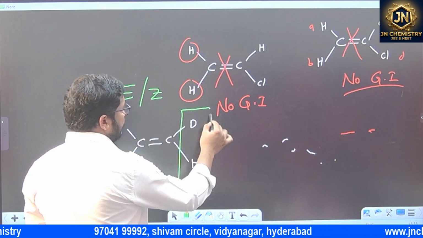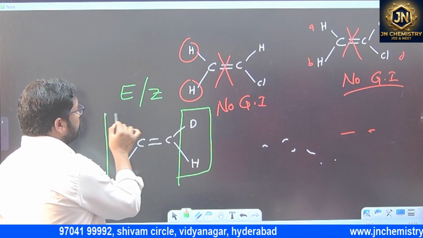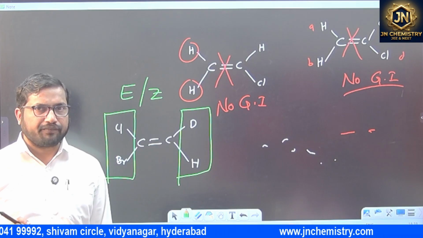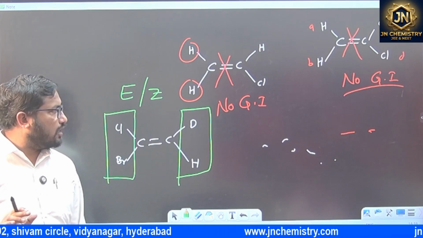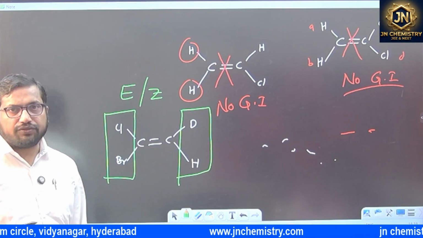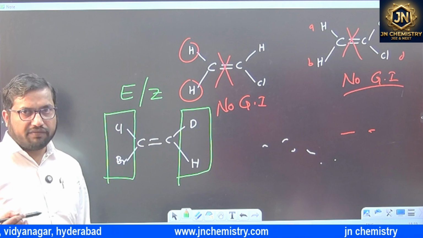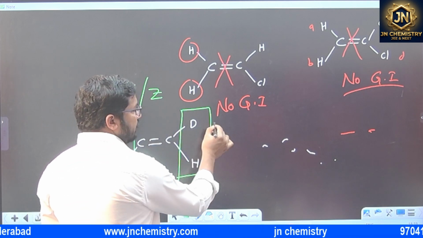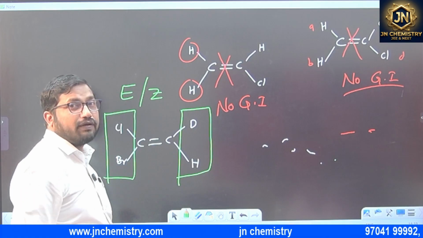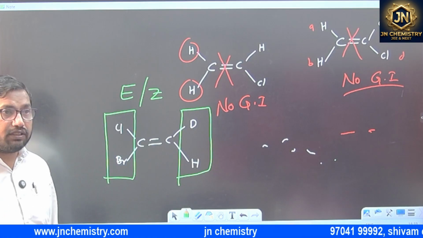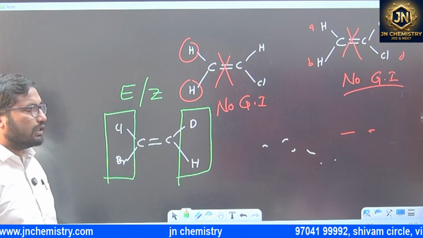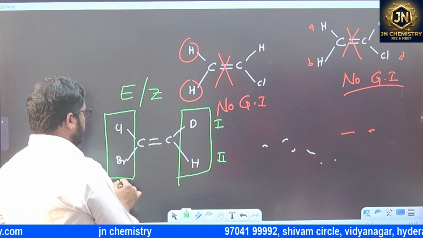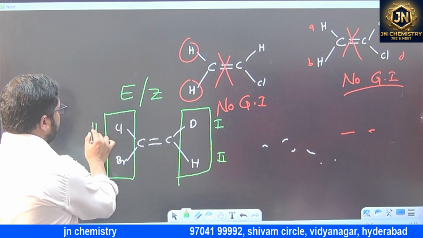On the right side and the left side we need to cross-check according to the CIP system, the Cahn-Ingold-Prelog system. According to the rules, first we see the highest atomic number. In these two cases the highest atomic number is the same, so then we go with the atomic mass. So this is first, second.